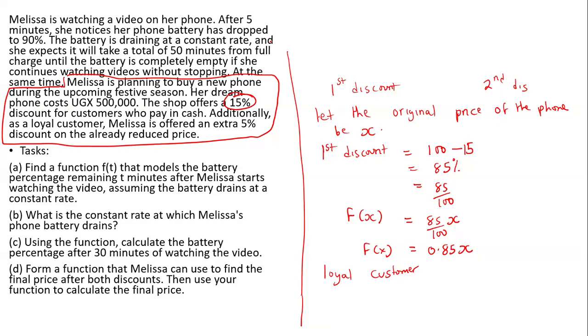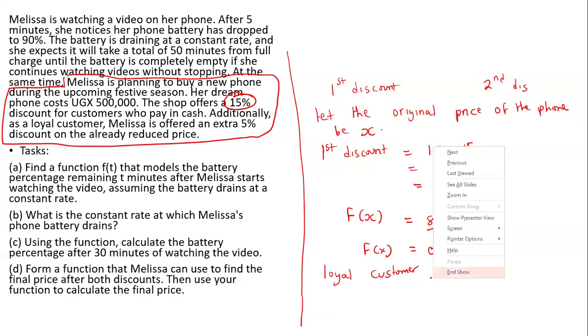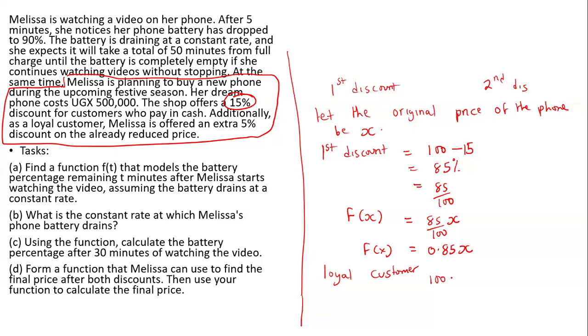Through the chat, tell me what percentage have they reduced for Melissa? 5%. So which percentage shall we have? Very good. So now being a loyal customer, it means we shall say 100 minus the 5, which will be 95%.